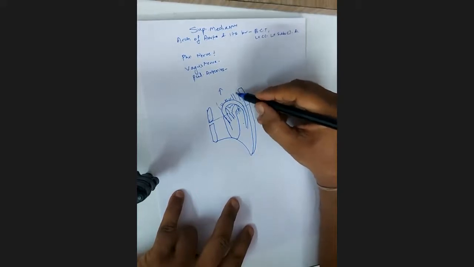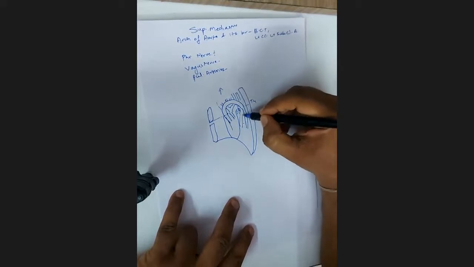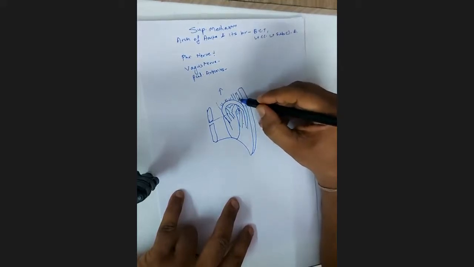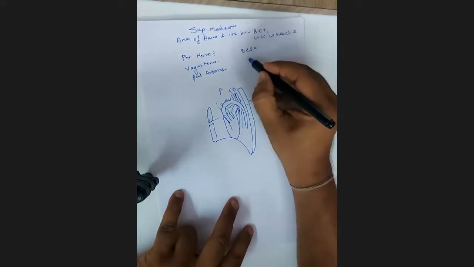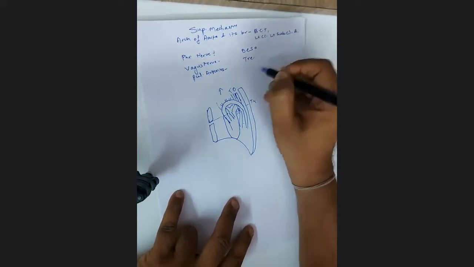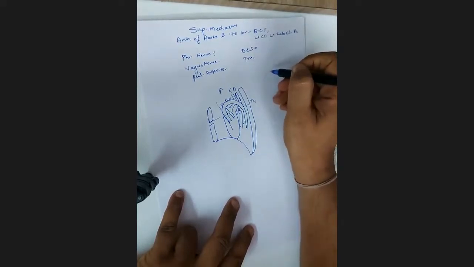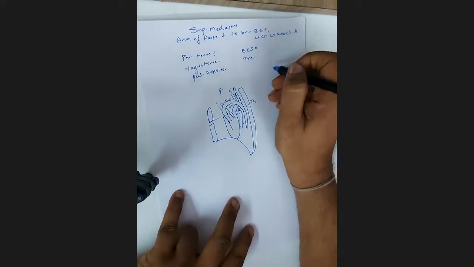Then there is the esophagus. This is the esophagus, and this is the trachea. So I have a few more contents: the esophagus, and the trachea I am adding as one more content of the superior mediastinum.